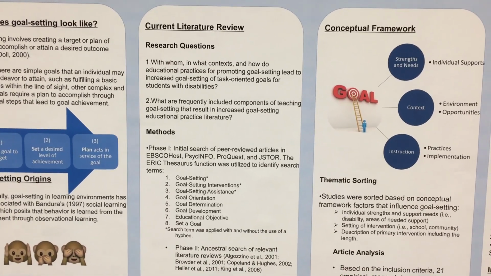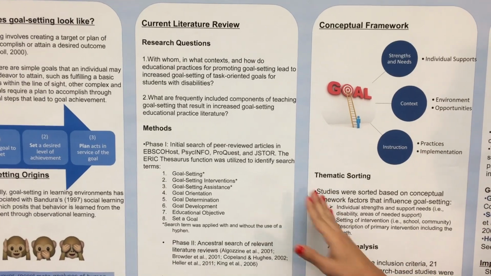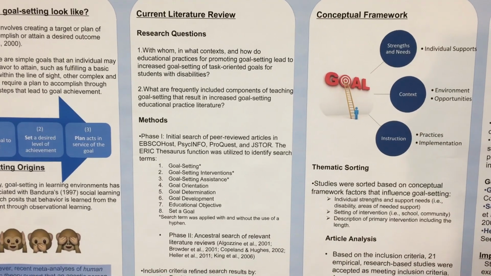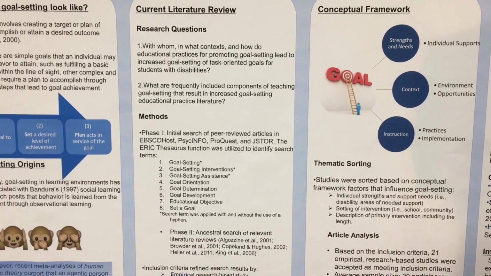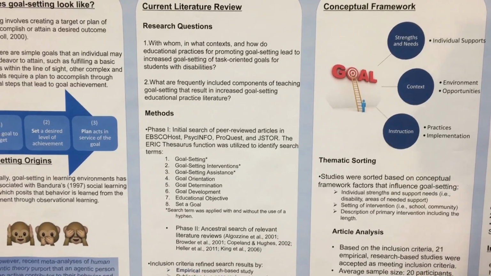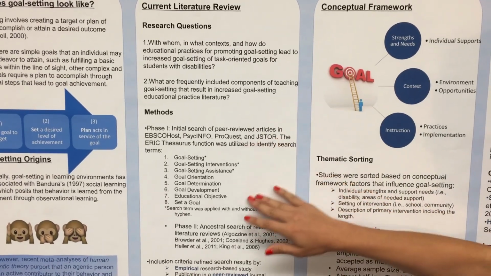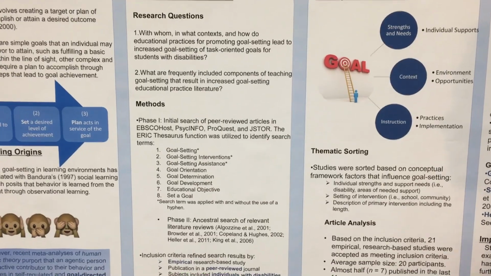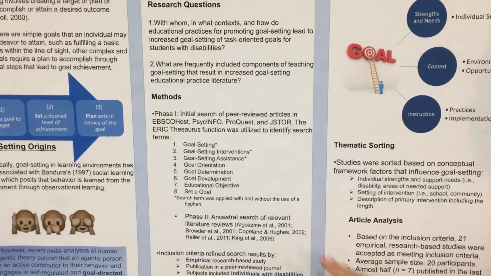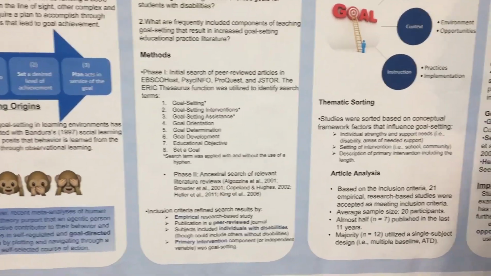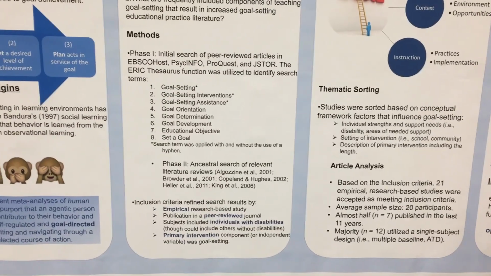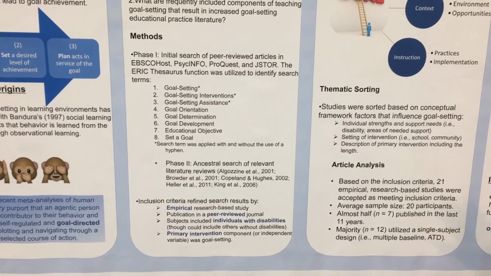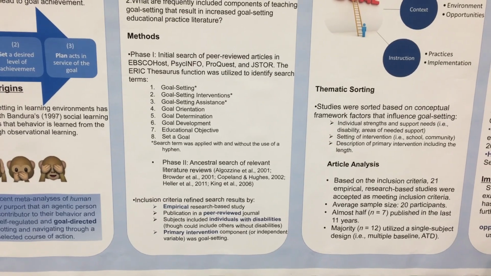I looked at peer-reviewed articles in a variety of databases, and I also used a thesaurus function in one of the databases to identify additional search terms, which led me to 8 search terms. I also included a second phase of the search, which was an ancestral search of relevant literature reviews of self-determination literature.